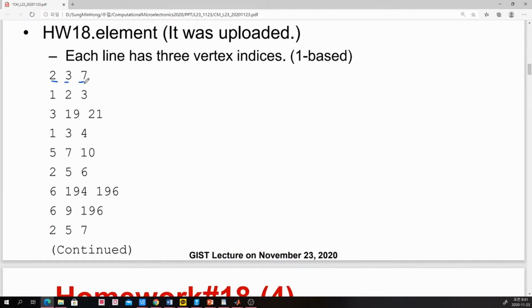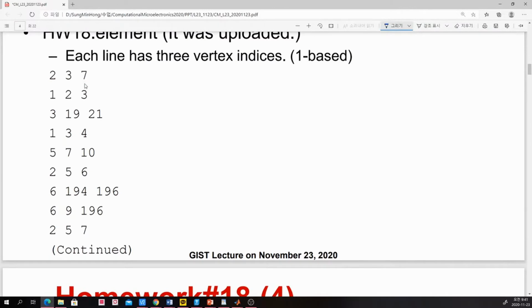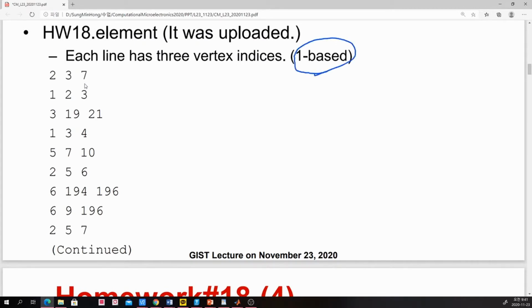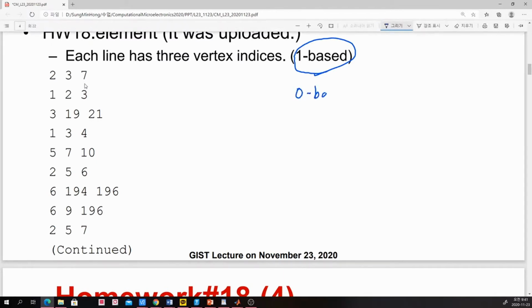One more caution about this file: it is intentionally written in a one-based way. It is not a zero-based system, but a one-based system.